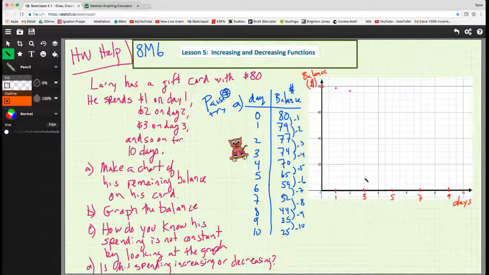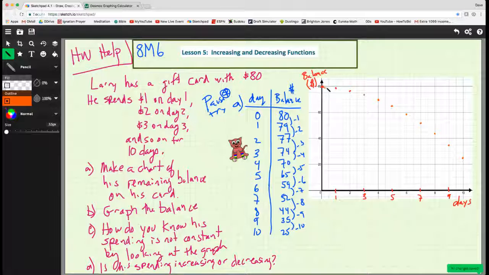So 3 comma 74. 4 comma 70. 5 comma 65. 6 comma 59. 7 comma 52. 8 comma 44. 9 comma 35. And then 10 comma 25.